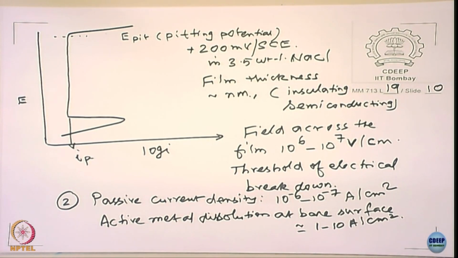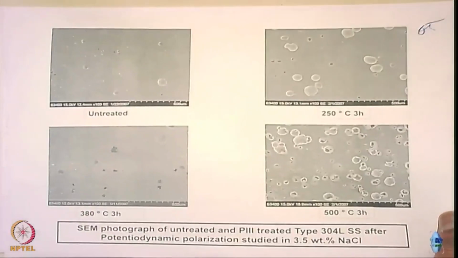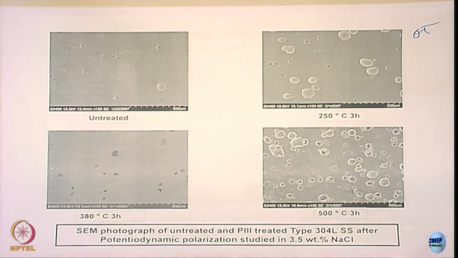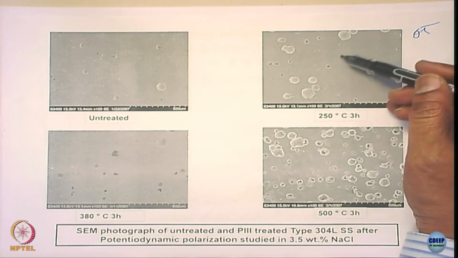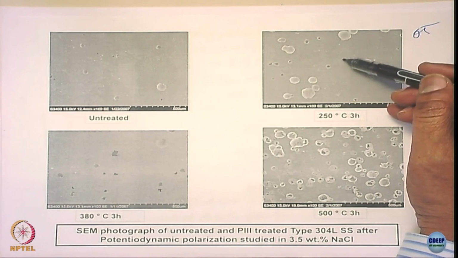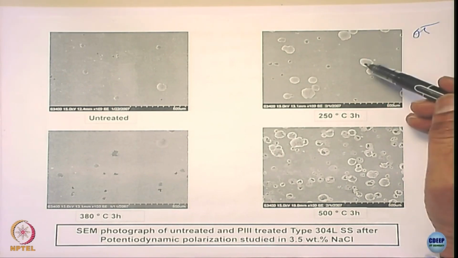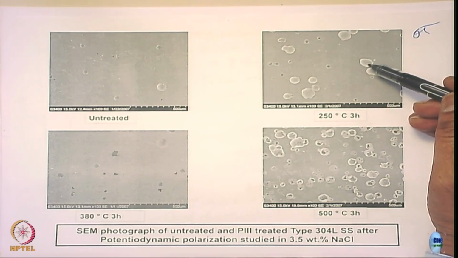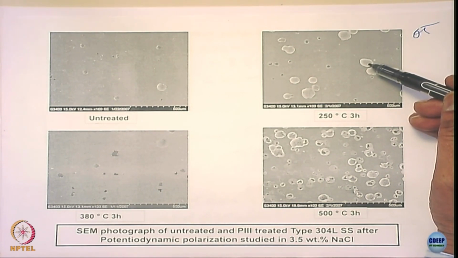Do you understand this concept? The passive current density at these locations, you measure it, they are all in terms of microamperes. If the film breaks and you expose the bare metal, the current density over here is of the order of 1 ampere to 10 amperes per centimeter square.